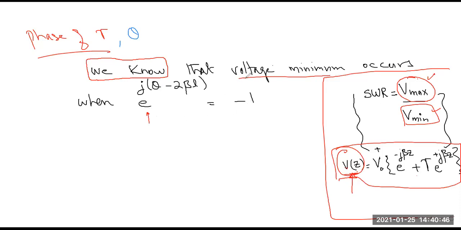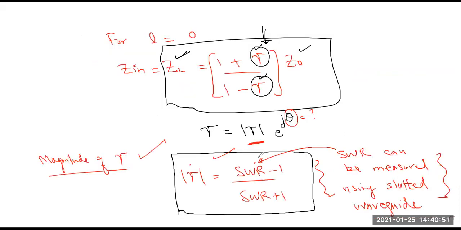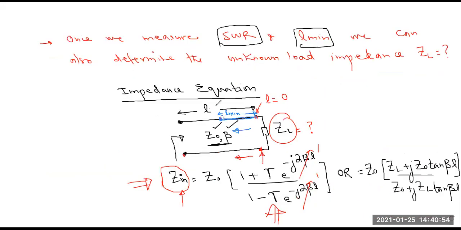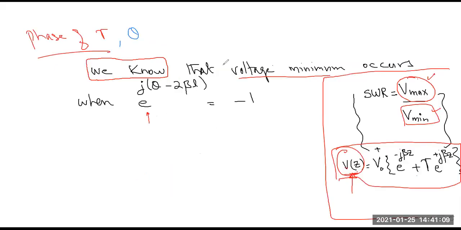Because we are talking about the distance at which voltage will be minimum, and this distance is now represented by L minimum, rather than calling it L, I will call it L minimum. So I will say e raised to power j theta minus 2 beta L minimum equals minus 1.